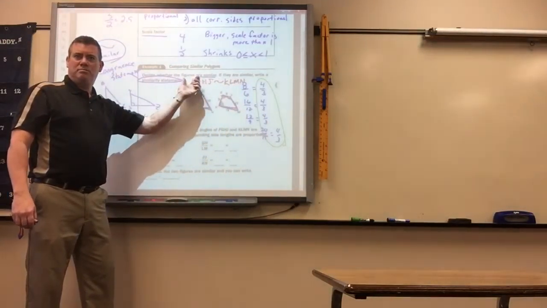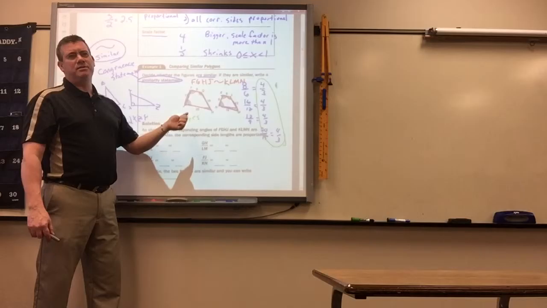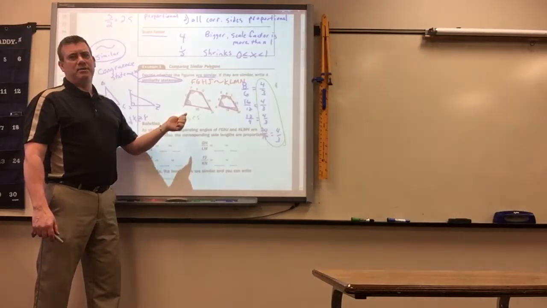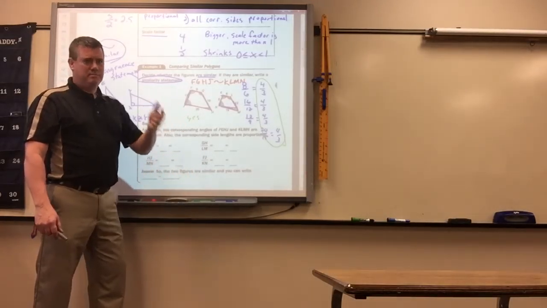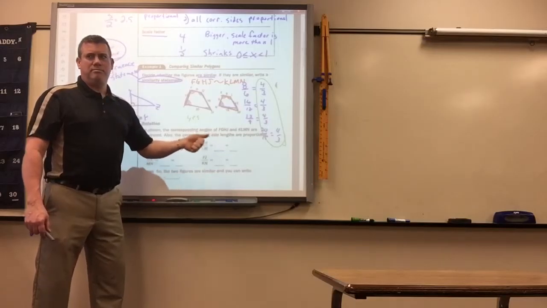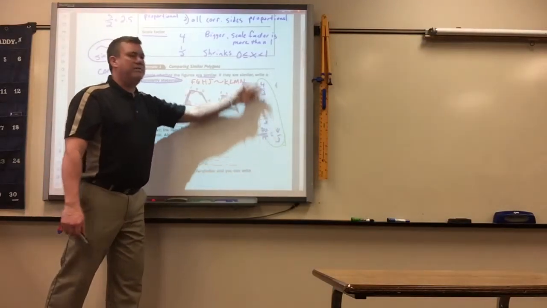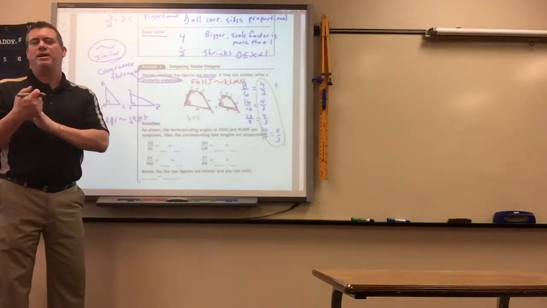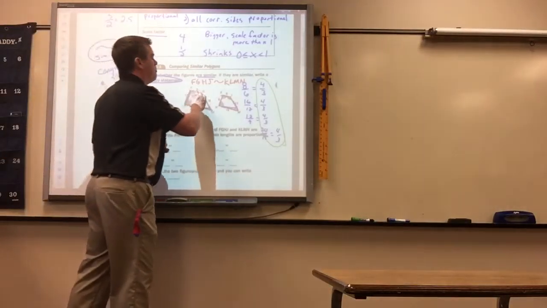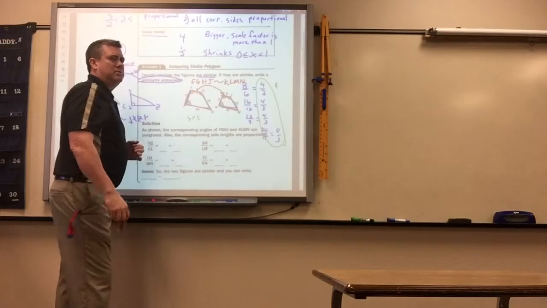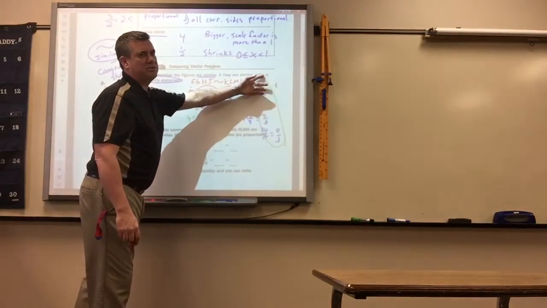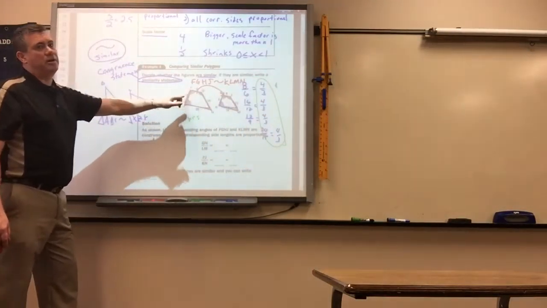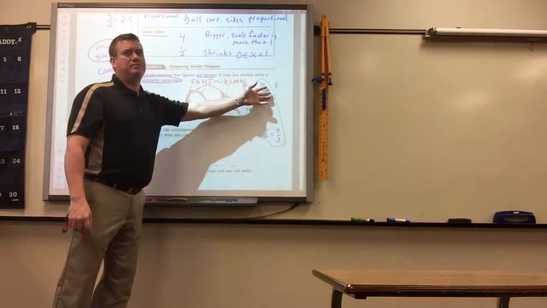Yeah. Okay. Now, they didn't ask it here, but if they asked for the scale factor, any idea what the scale factor would be? So, what is it? 4/3. Whatever the sides reduce to, that's your scale factor, but it's kind of a trick. If it's going from bigger to smaller, then it would be 3/4. If it's going from smaller to bigger, it would be 4/3, right?